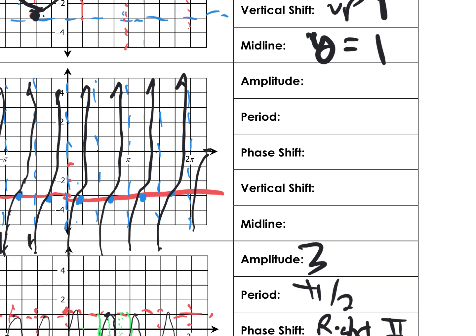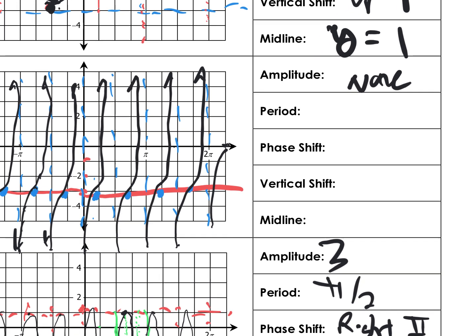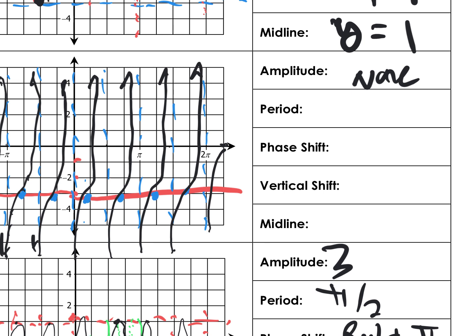Okay, give me the amplitude again. None. Period. Was it pi? Pi over 2. It'll write in a second. Phase shift.